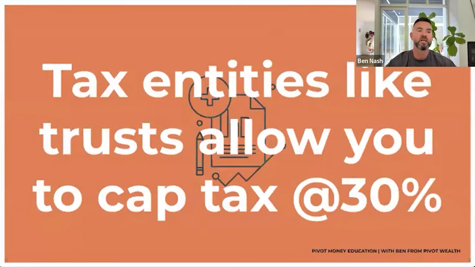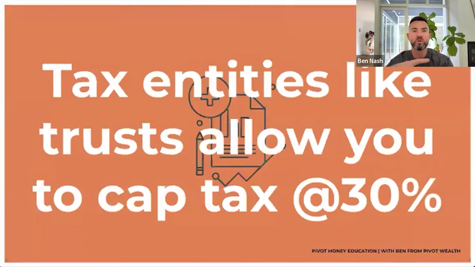So, tax entities like trusts effectively allow you to cap your tax at a maximum rate of 30%. I'm going to show you exactly how that all works as we go through. If you've got money there that you need to spend, you may need to pay a higher rate of tax.